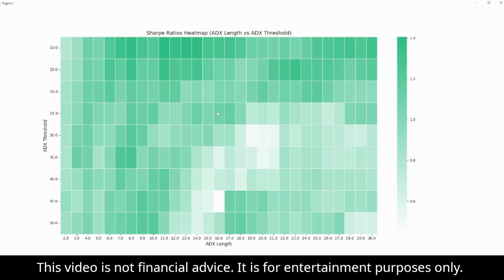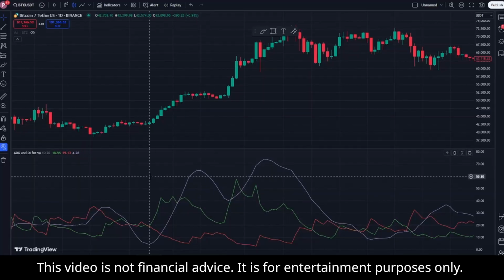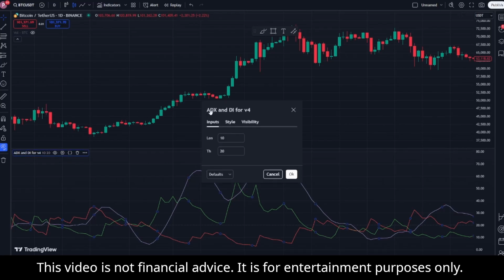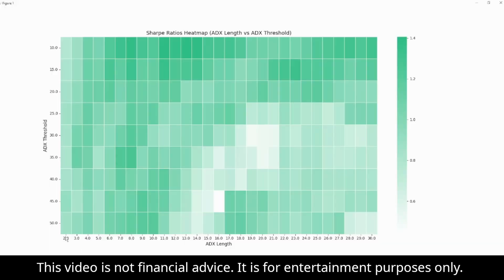So let's see. The x-axis represents the ADX length, because the average directional index usually uses, here I have a length of, I think, 10, but it usually by default uses the last 14 historical candlesticks. We are going to vary that parameter here and study it in the range of between 2 and 30, as you can see on the x-axis.